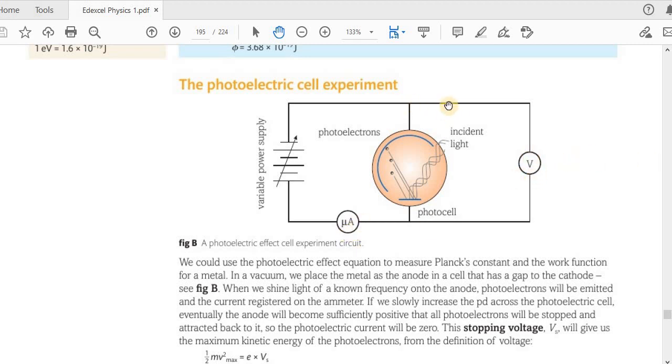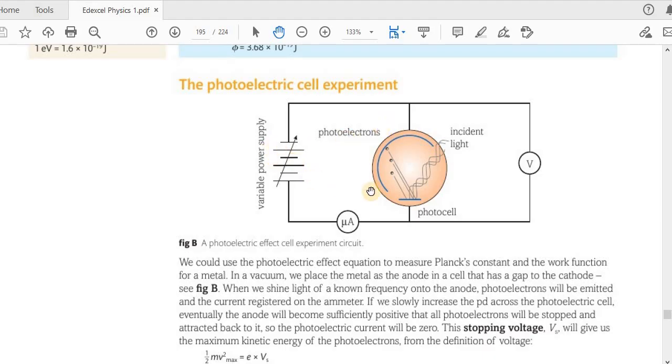Then this is a voltmeter, which measures the potential difference across this photocell. Again, from the word photocell you can try to understand what this is about. Electrons are emitted, that's why they are photoelectrons. The incident light, the photons, come this way and strike this metal surface, and then electrons are emitted.